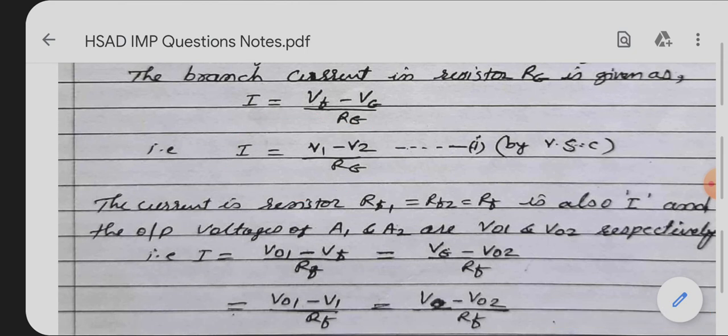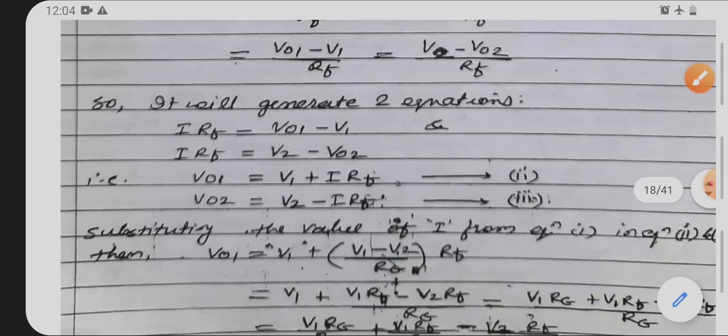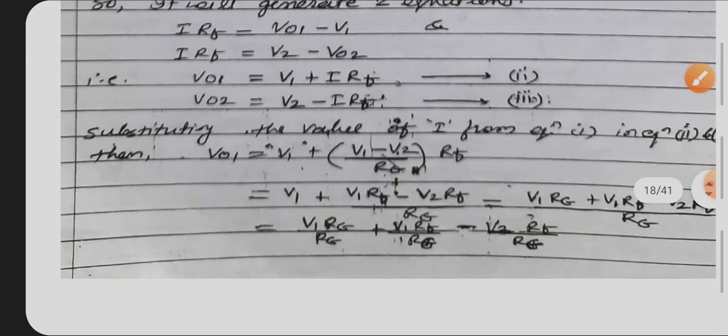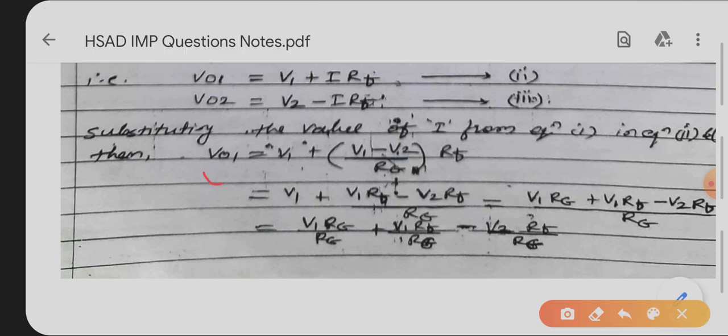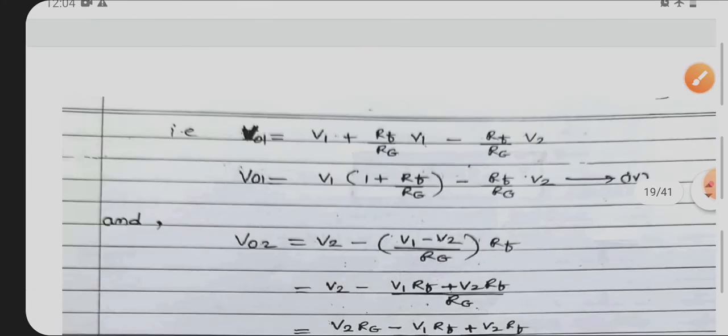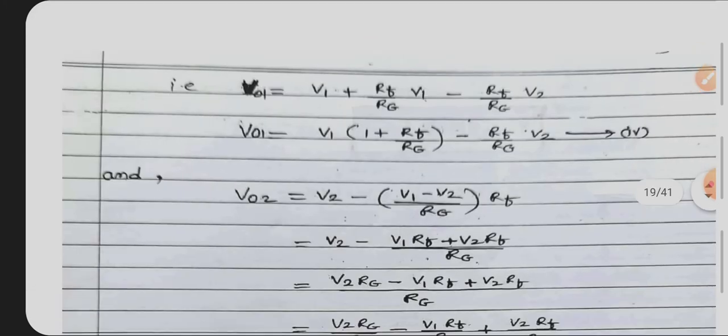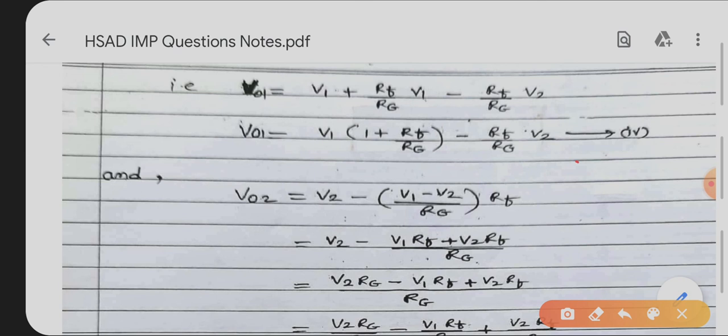So keeping the value of I, V1 minus V2 by Rg, here in this equation, VO1 is equal to V1 plus, just keeping the value of I, RF as it is. After rearranging the equations, you will get the final equation for VO1, equation number 4.